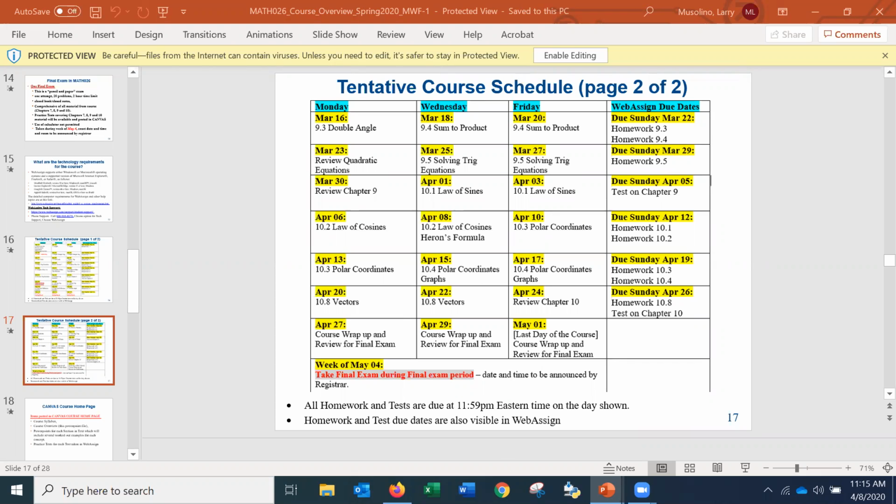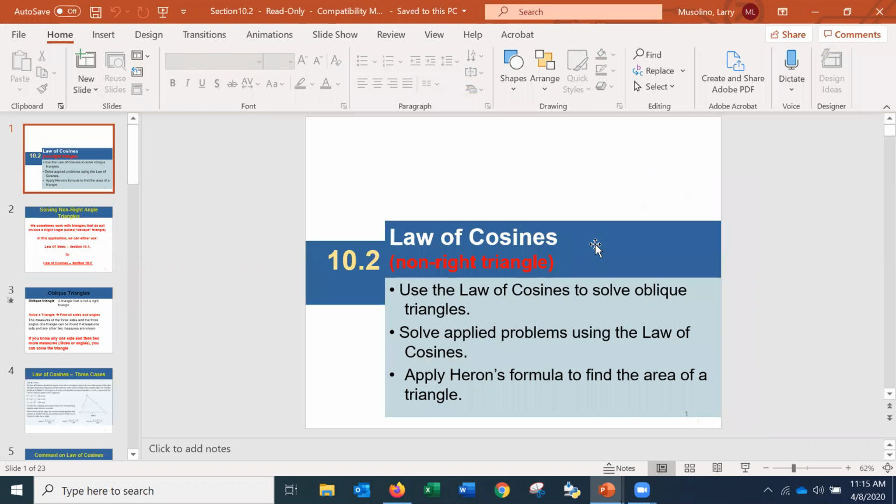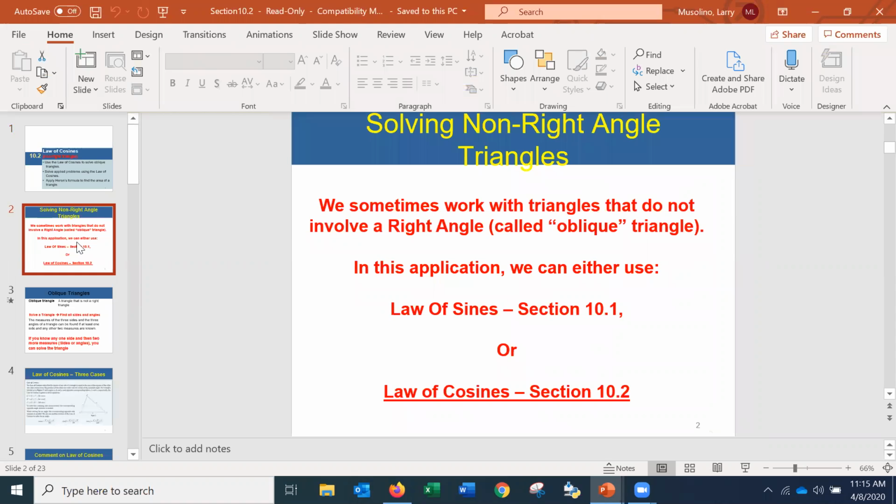All right, so I'm going to go ahead and bring up the section 10.2 slides. So we've done some examples on law of cosines. Just a reminder, usually the way you want to tackle these problems is to try law of sines first, because law of sines is a little easier to work with.